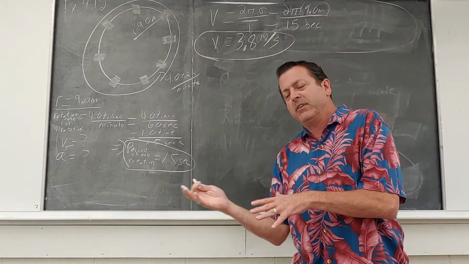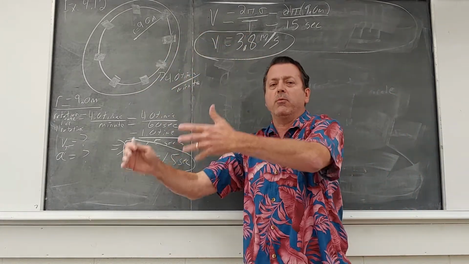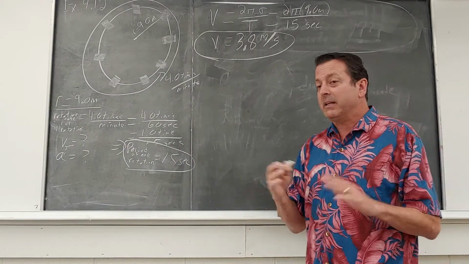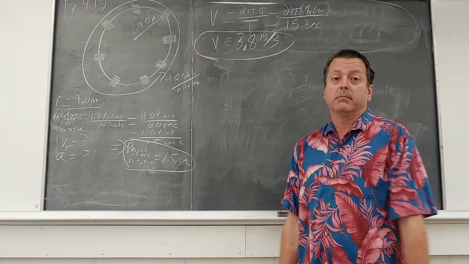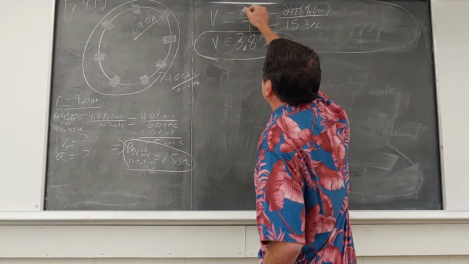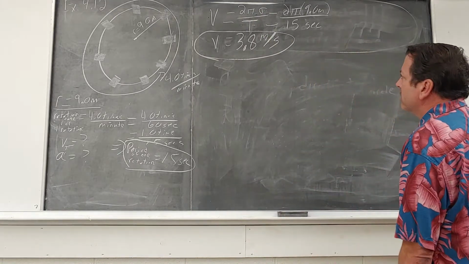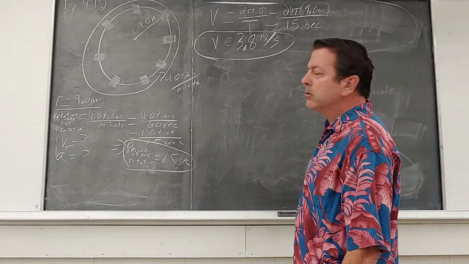If I did half of the time to go halfway around, I'd have to take the distance halfway around. Remember, velocity, by definition, is changing distance over changing time. So I just took the distance for 1 full circle and the time for 1 full circle. Okay? I hope that helps.